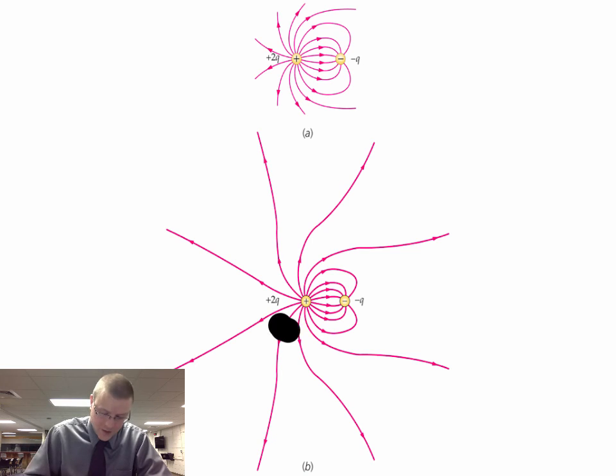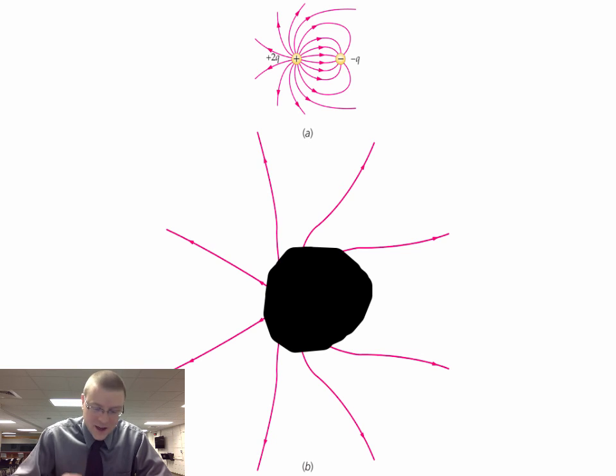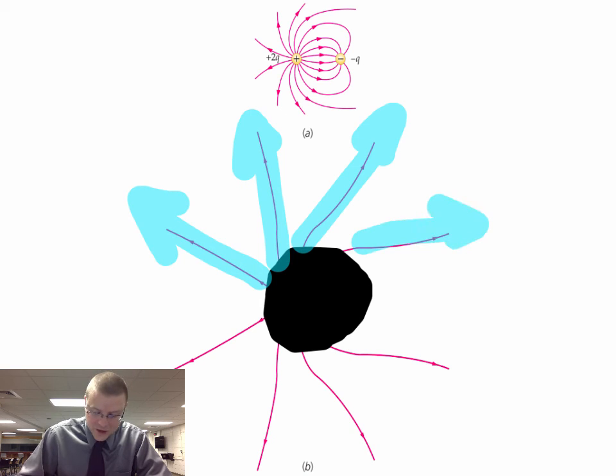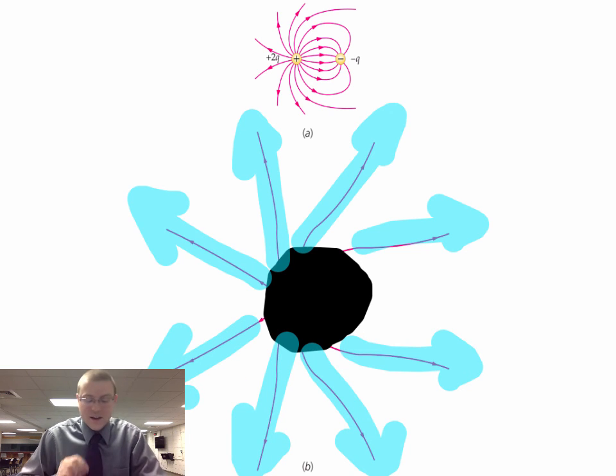So again, if I blocked out these two charges here in the center, and I couldn't tell what was going on in the middle, I can see that the field lines are pointing away. And if I knew the ratio of how many field lines equals how much charge I have, I could tell you that that blob in the middle there must be charged positively. So that's how we want to represent the electric field strength around charges.